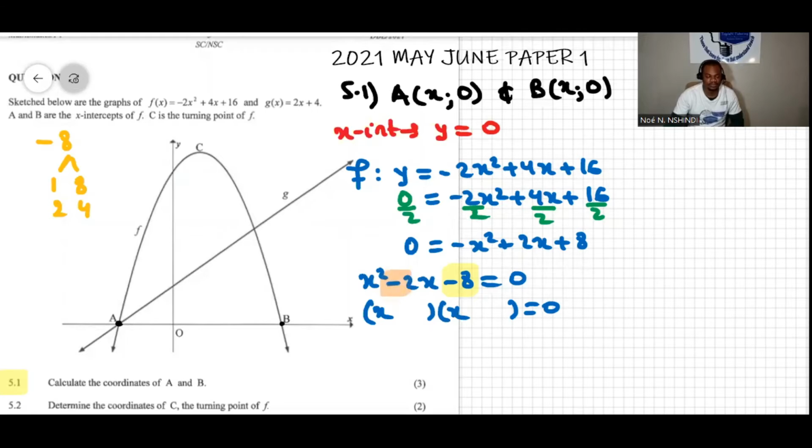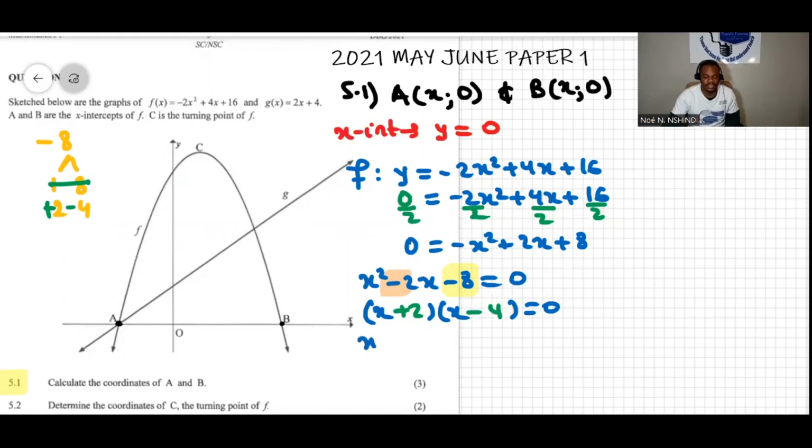Now let's see. With 1 and 8 we cannot, but with 2 and 4 yes we can. If it's like plus 2 and negative 4. And it is also true that positive 2 times negative 4 equal to negative 8. So we can just place in over here plus 2 and then negative 4.